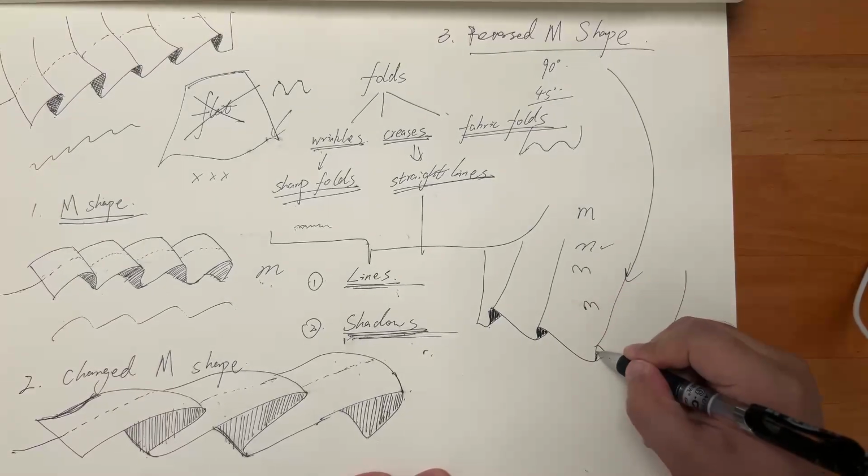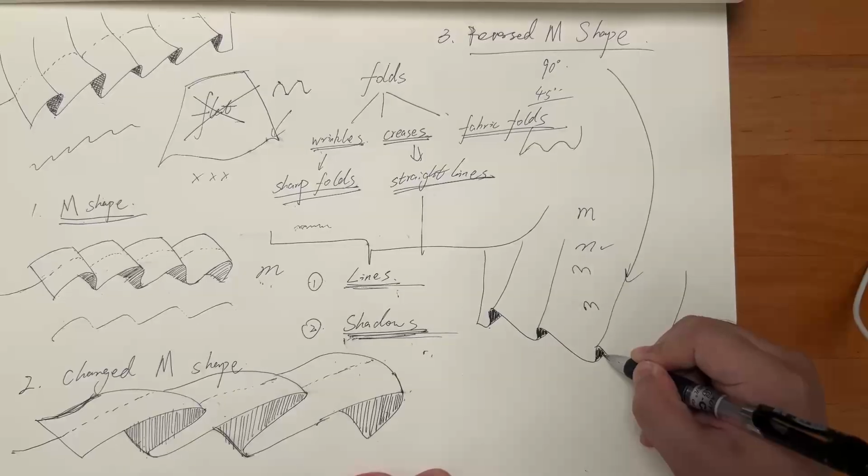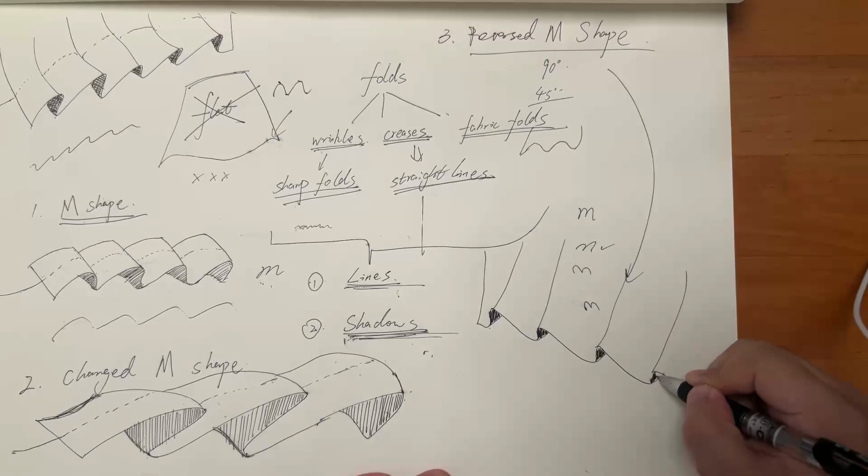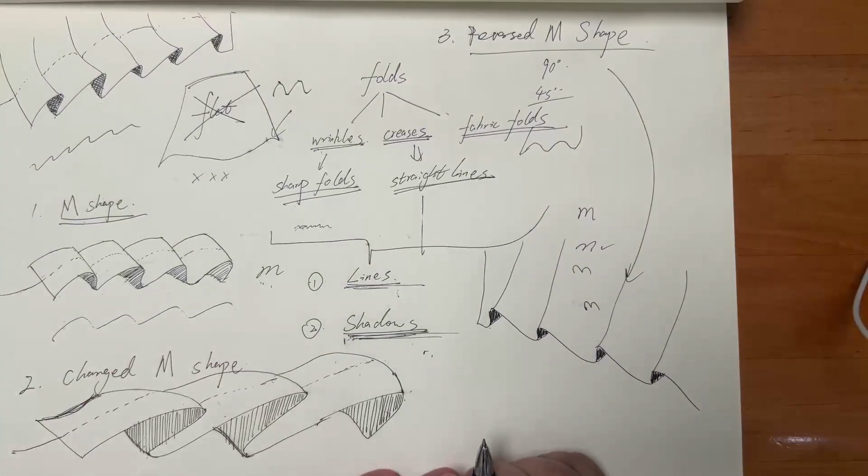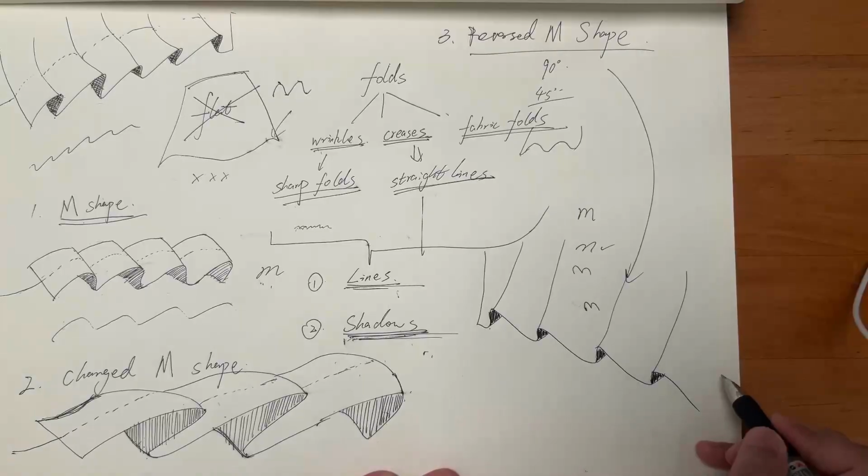I want this to be some sketchy sort of thing, a different shading mechanism. Basically you start from there.